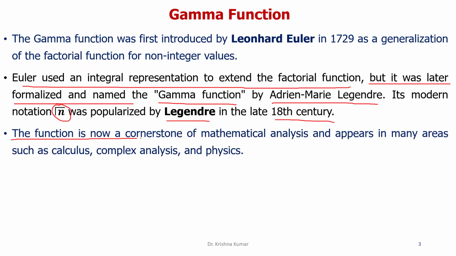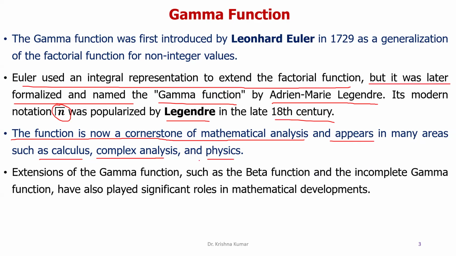The function is now a cornerstone of mathematical analysis and appears in many areas such as calculus, complex analysis, and physics. Extensions of the gamma function such as the beta function and the incomplete gamma function have also played significant roles in mathematical developments.